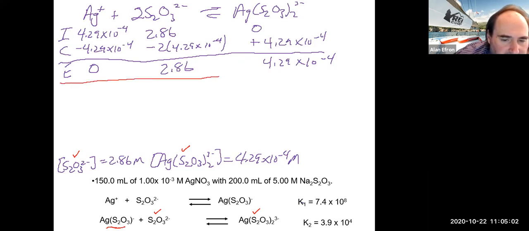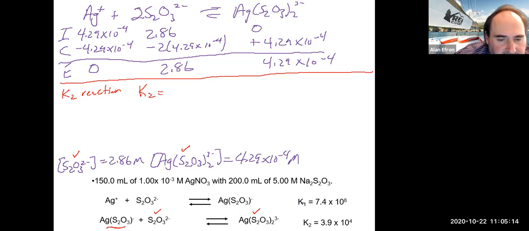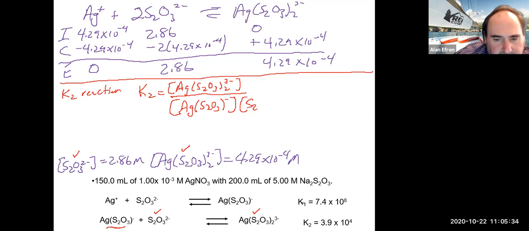I'm going to go back to using just the K2 reaction. And the K2 reaction, again, is that bottom one. K2 would equal our guy here, divided by this guy here, which is what we're actually looking for, and our S2O3 2 minus.